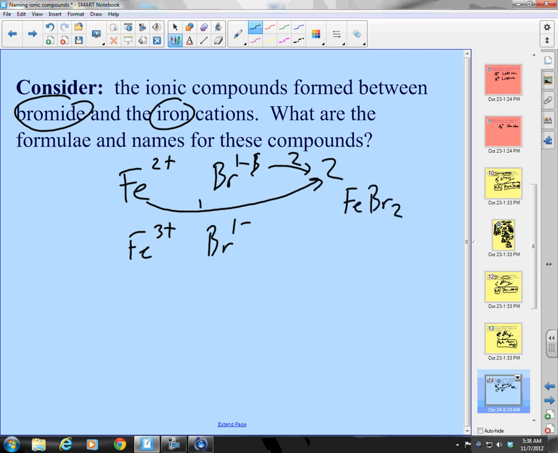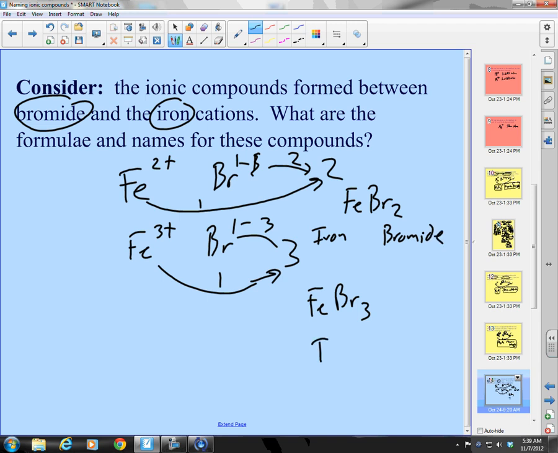In this case, my least common multiple is 3. How many irons does it take to get to 3? 1. How many bromines? 3. So I'd have FeBr3. Okay, and so what's my name? Iron bromide, and iron bromide.